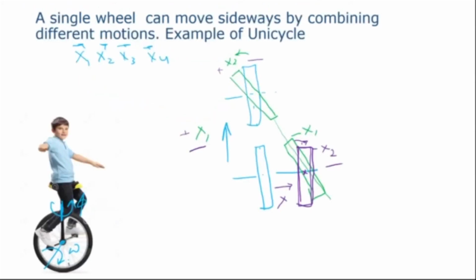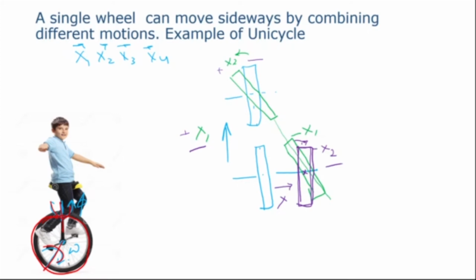So let's look at the analysis of this unicycle. This is my unicycle, that one wheel, and the kid was sitting on top of it. This is one wheel which can rotate about that axis, and it has a steering about the vertical axis.